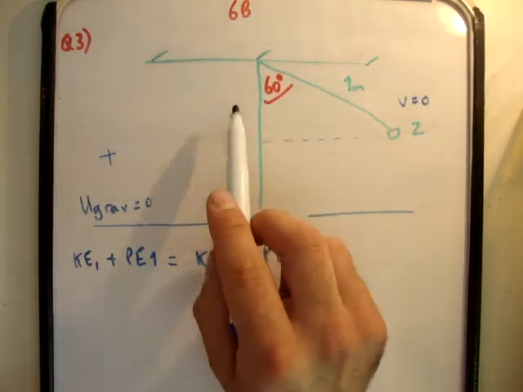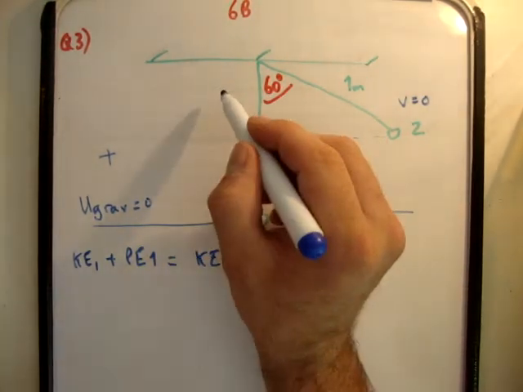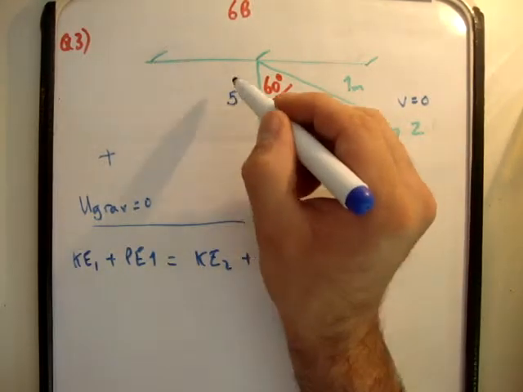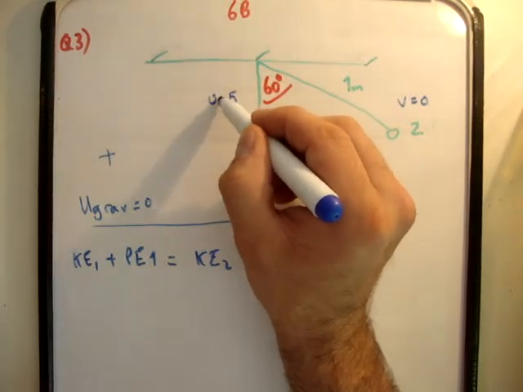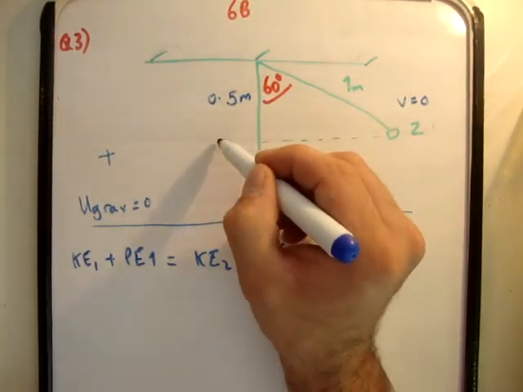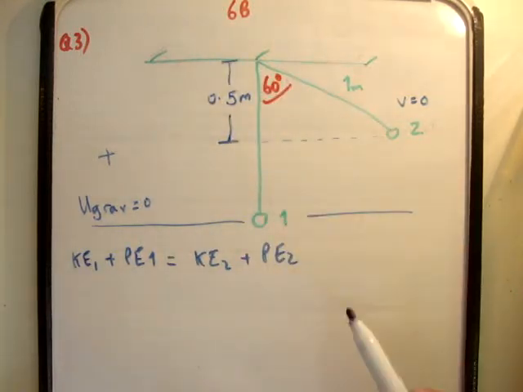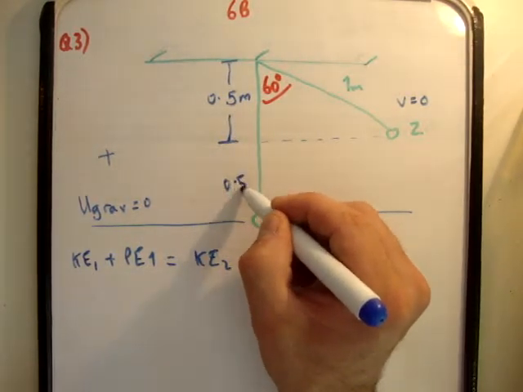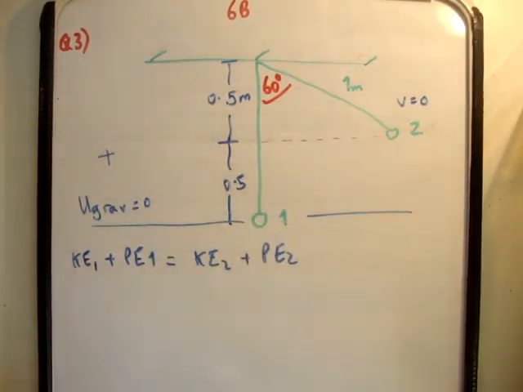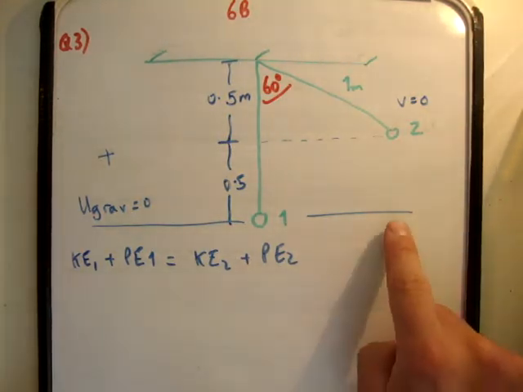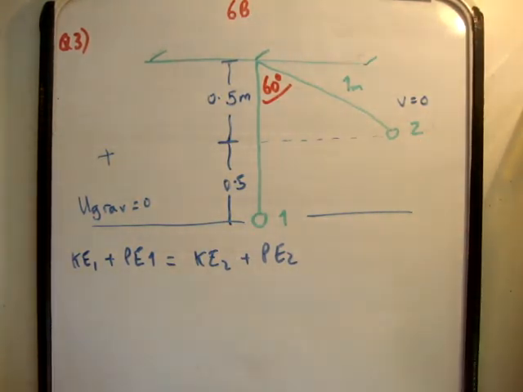If we apply 1 times the cosine of 60, we're going to find that this is equal to 0.5 meters from here to here. Therefore this is 0.5 meters, clearly. That means the height is 0.5 meters above the 0 point in the gravitational field.